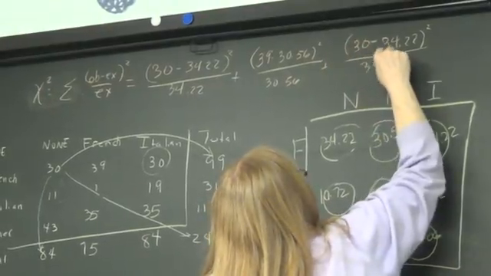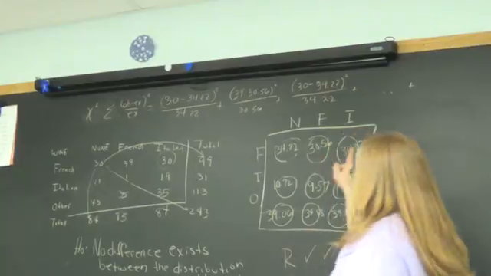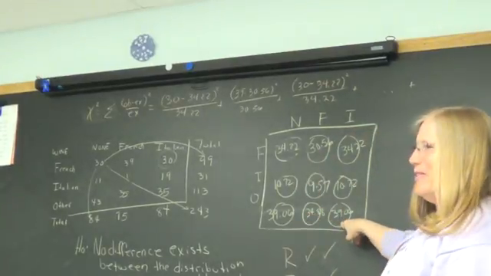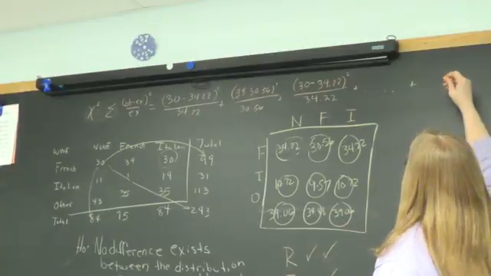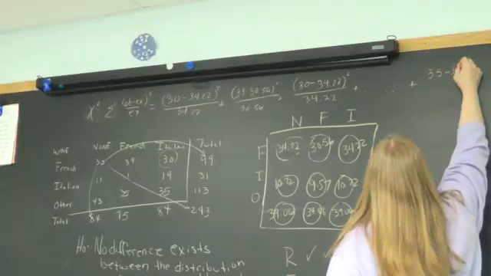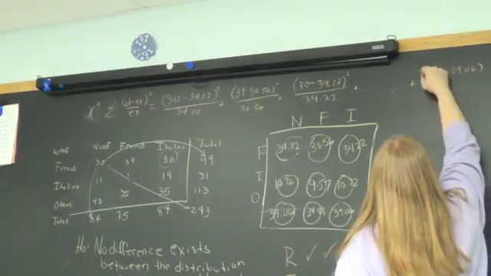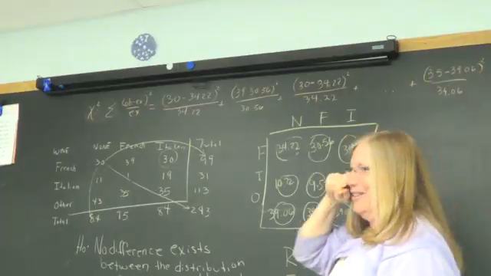All right, okay, Allie, you go to the last one. We'll do all of the rest of our members of our class, our invisible members. We'll do that, and Allie, you conclude. So it would be 35 minus 39.06 squared over 39.06. Okay, so that would be no fun to put in the calculator, would it?